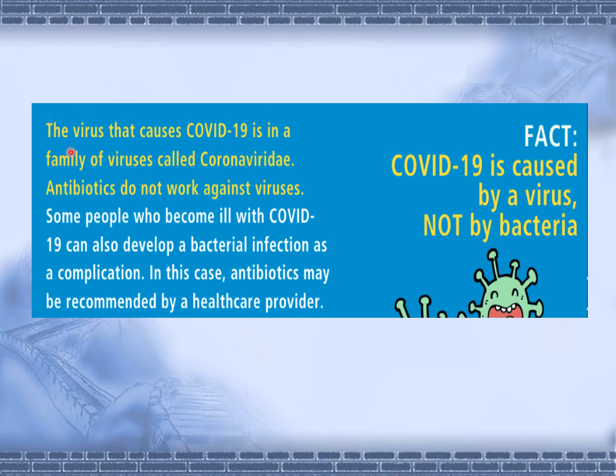So it's a viral infection, basically from the family of viruses called coronavirus, and antibiotics do not work against these viruses, only for those patients who have superimposed bacterial infections do we give antibiotics. Okay? There are various drugs which are given, as I mentioned earlier, like Azomax, which is azithromycin.